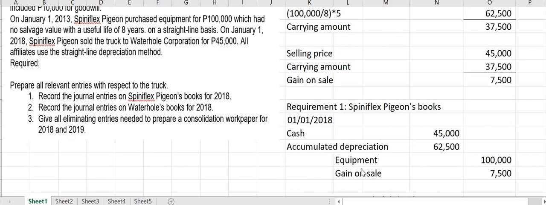We'll debit cash for the amount of proceeds, 45,000, and debit accumulated depreciation, the equipment's accumulated depreciation as of January 1, 2018, which is 62,500. Of course, we'll derecognize the equipment at 100,000 and then record gain on sale amounting to 7,500.